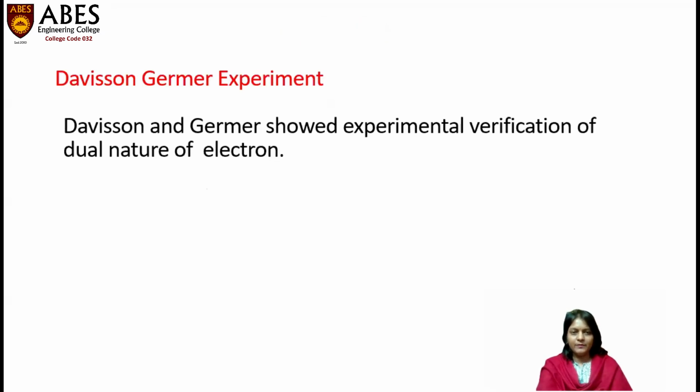Davisson-Germer experiment. The objective of the Davisson-Germer experiment was to show experimental verification of the dual nature of the electron.